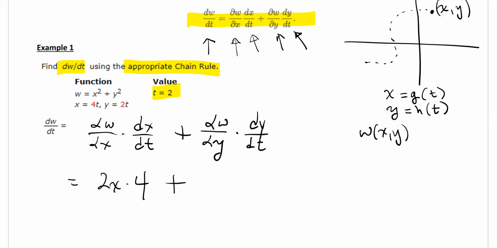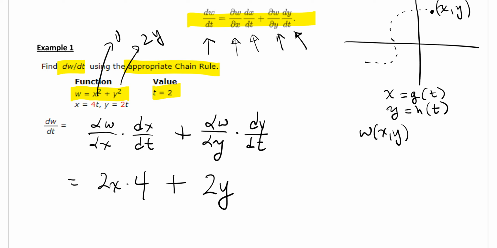Plus, now comes the partial derivative, partial of w with respect to y. So w is x squared plus y squared, but now y is the variable and x is constant. So the derivative of x squared is 0, and the derivative of y squared is 2y in this partial derivative.